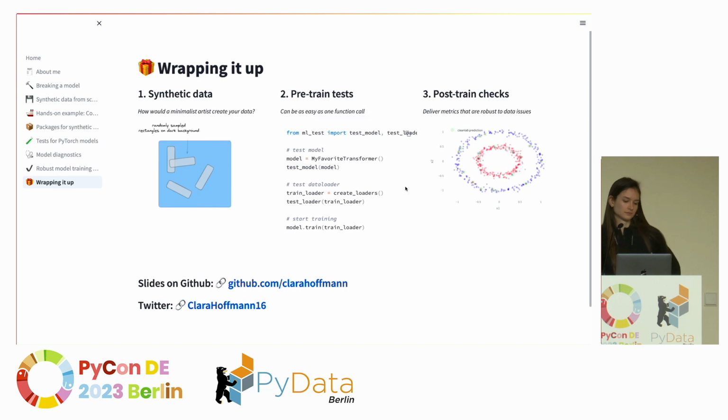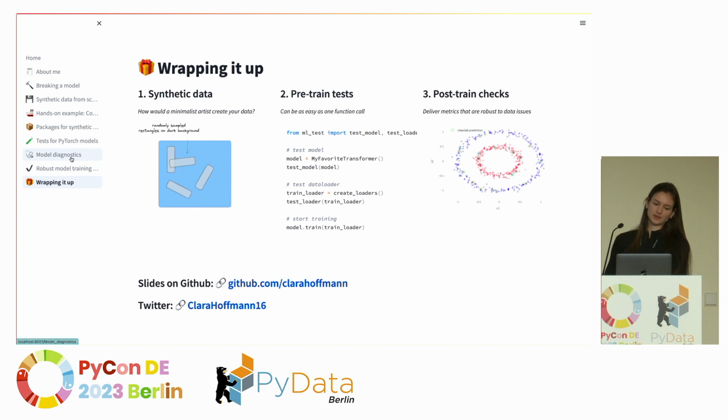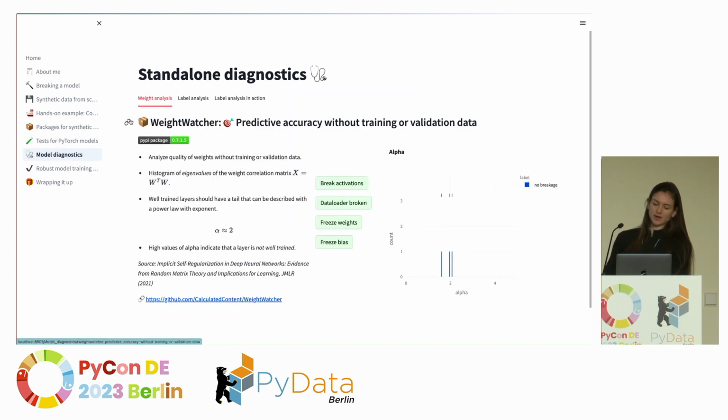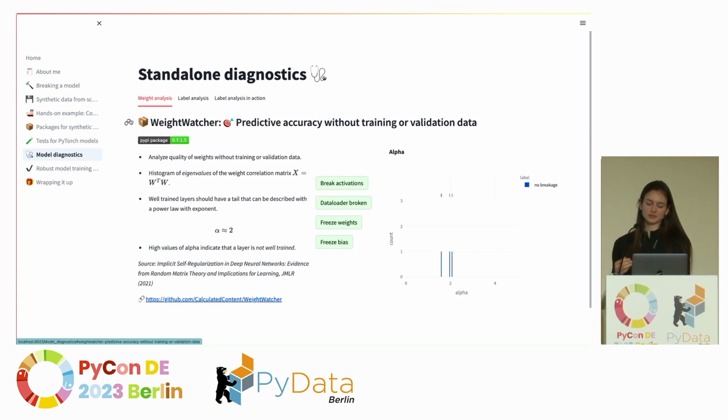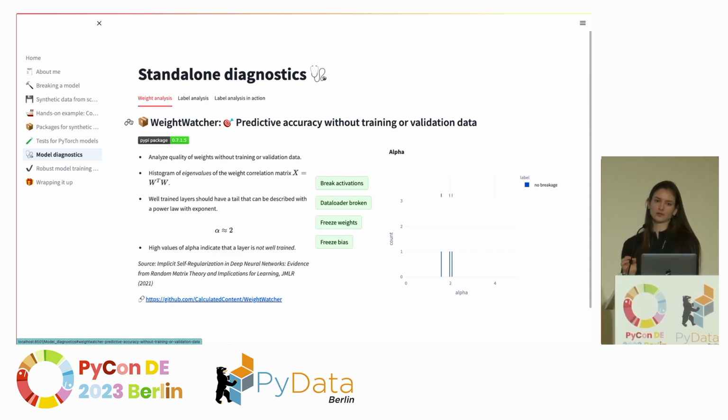Okay. Last question. Is Weight Watcher only working well when you already have a pretty well working model in your experience? No, I would say that the main goal of Weight Watcher is that you can put any model into it. But in my experience, it works quite well for model comparison.